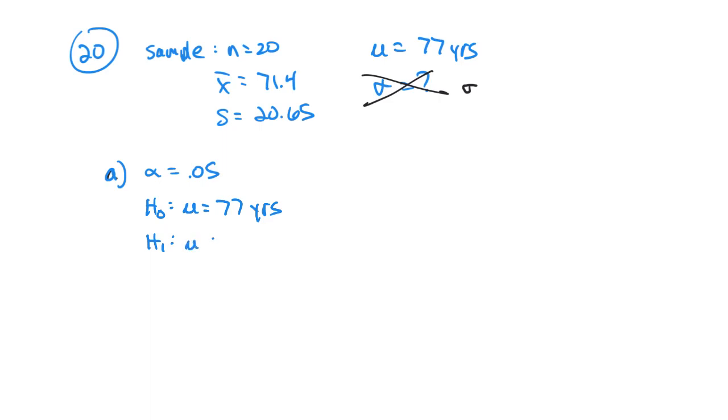So this is going to be mu is less than 77 years, which means it's going to be a left-tailed test. I'm going to make a quick note of that. It's left-tailed because it's a less than sign, which means we're going to be over in the left tail of the student's t distribution.